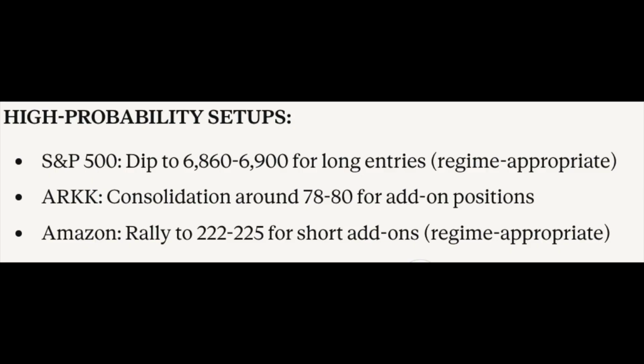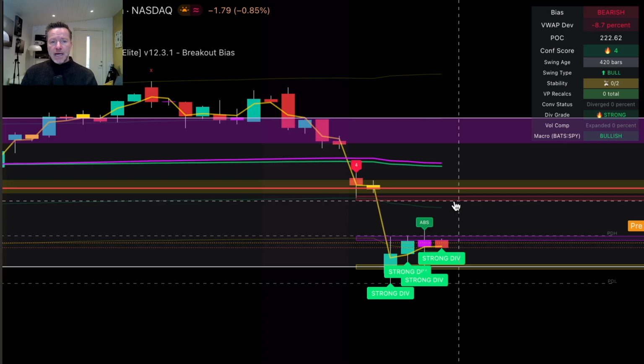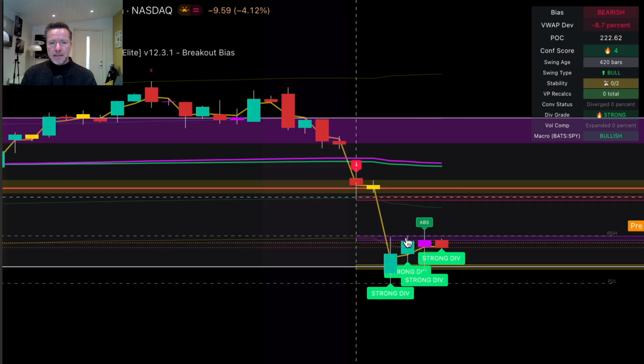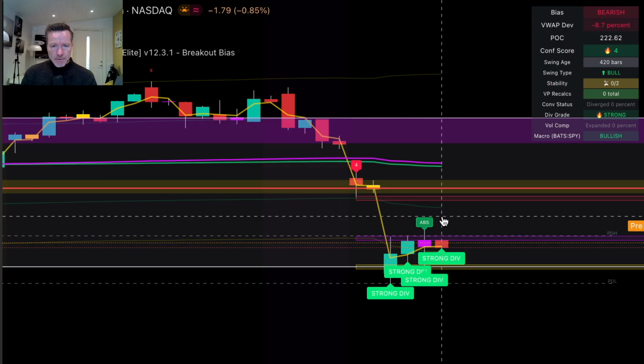And when we look at ARK, consolidation around 78 to 80, adding on positions. Amazon rally to 222 to 225 for short add-ons. I will be posting updates on how the trades went as these levels come into play.